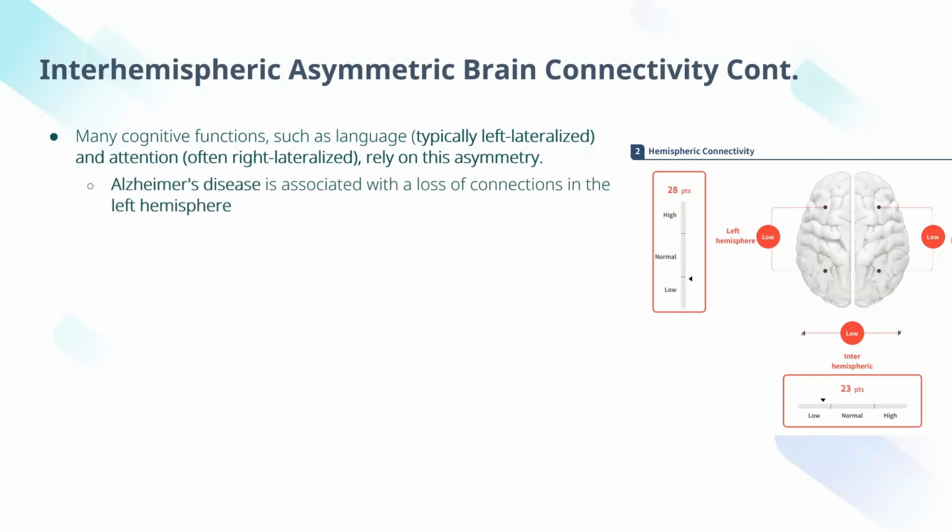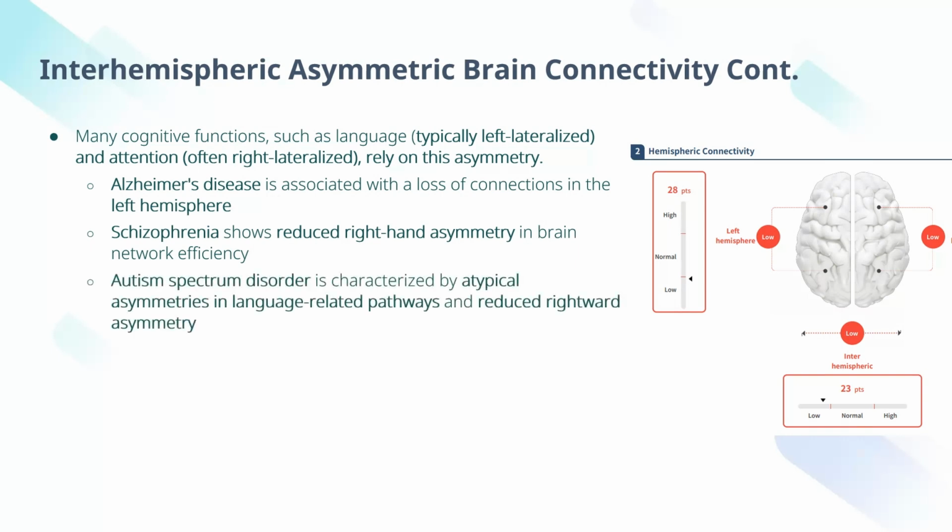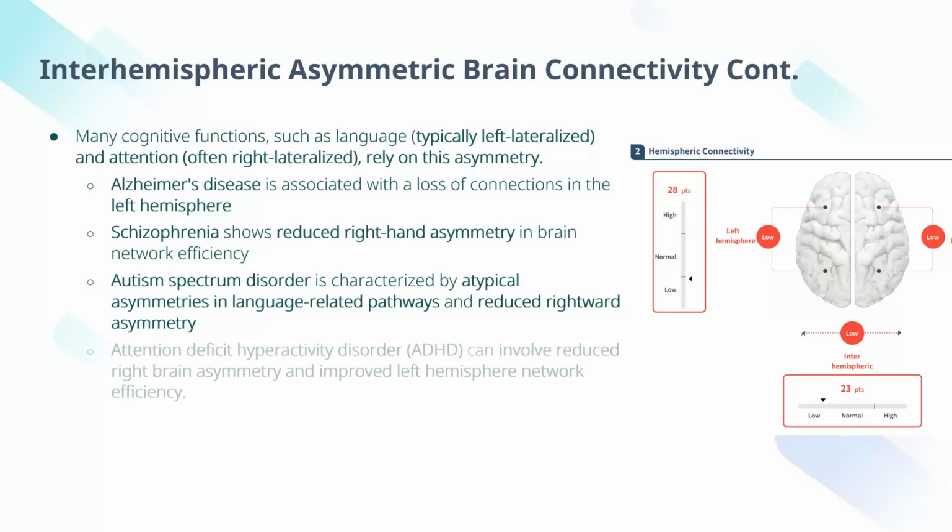So Alzheimer's disease generally has a loss of connections in the left hemisphere. Schizophrenia has shown reduced right hand asymmetry, at least less efficiency in that right hand networks. Autism usually has atypical asymmetries in those language related pathways as we mentioned, and generally a reduced rightward asymmetry, so a weaker right hemisphere than left.